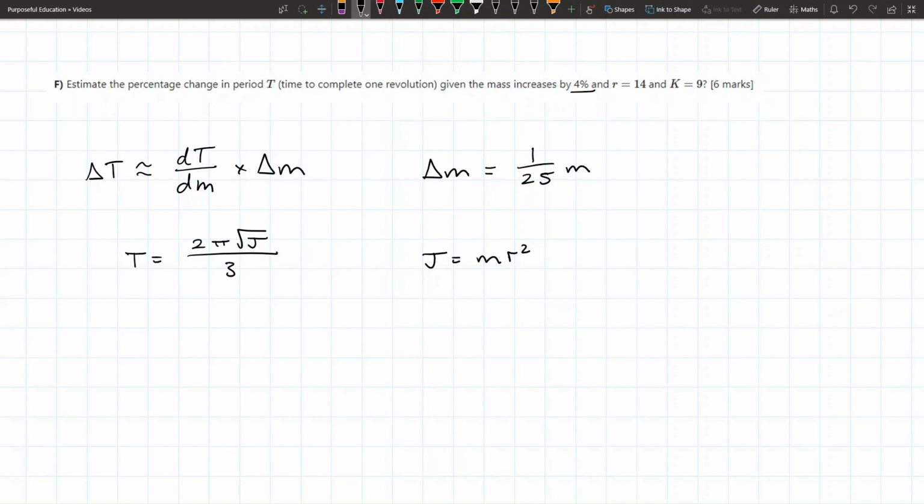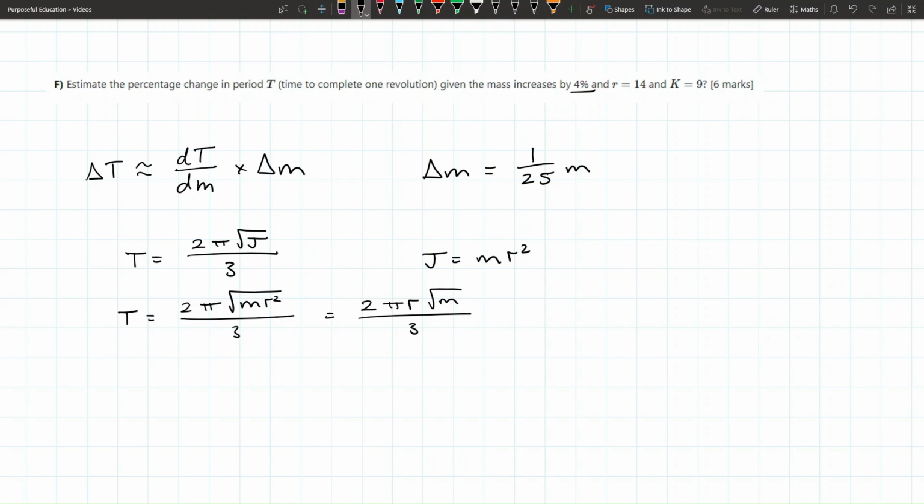So we can sub that in, giving us t equals 2 pi times the square root of m r squared over 3. We can then bring that r squared out, giving us 2 pi r times the square root of m over 3.